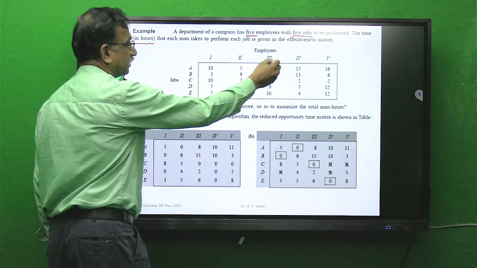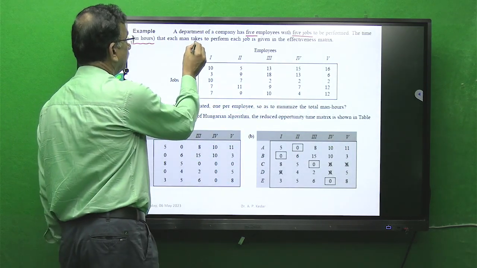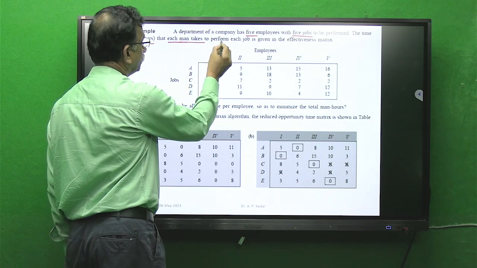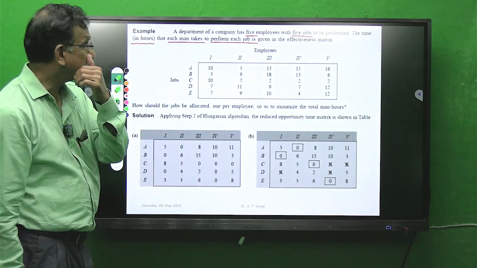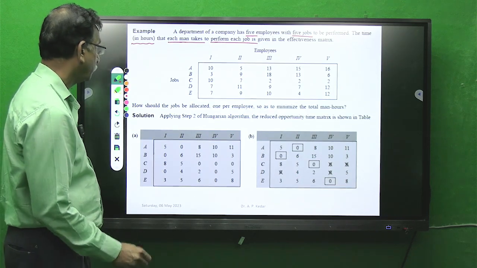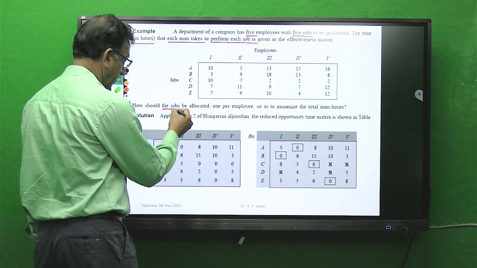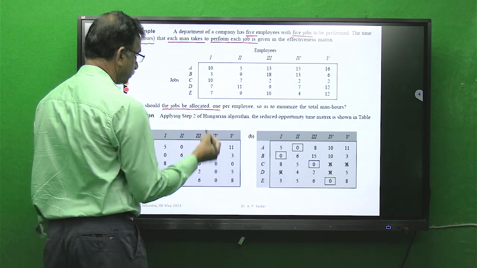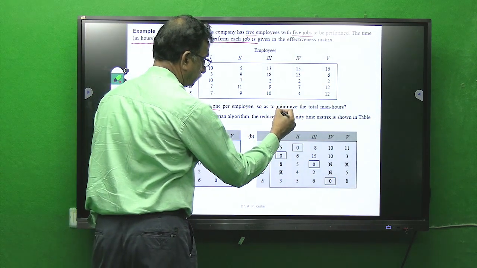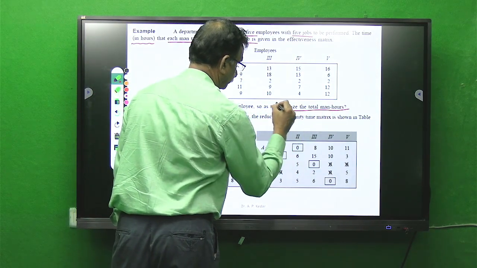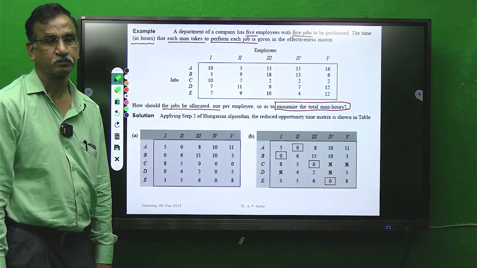Now this particular matrix represents the time in hours that each man takes to perform each job, in the form of an effectiveness matrix. What is to be done? How will the OR specialist allocate these jobs to different employees so as to minimize the total man hours?